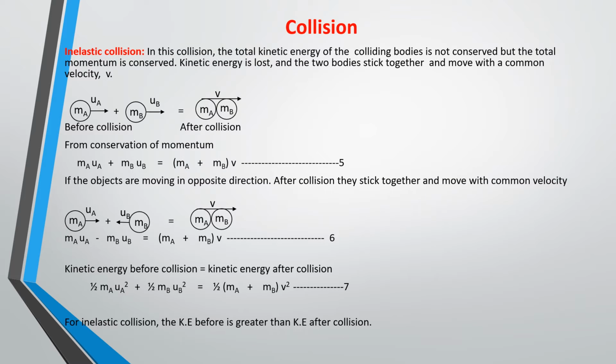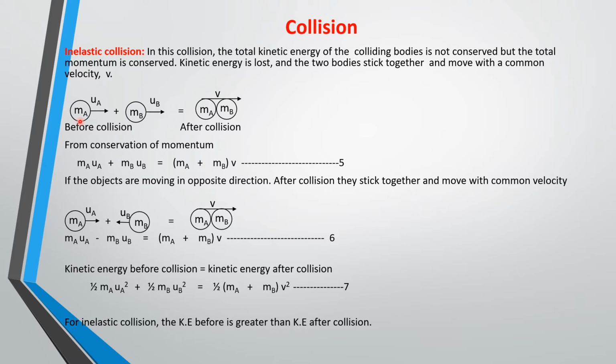So this is the second type of collision. We said that there are two types of collision. In the first, the bodies collide and move out with their separate final velocities. In this inelastic collision, the two bodies collide and stick together and move out with a common velocity v.